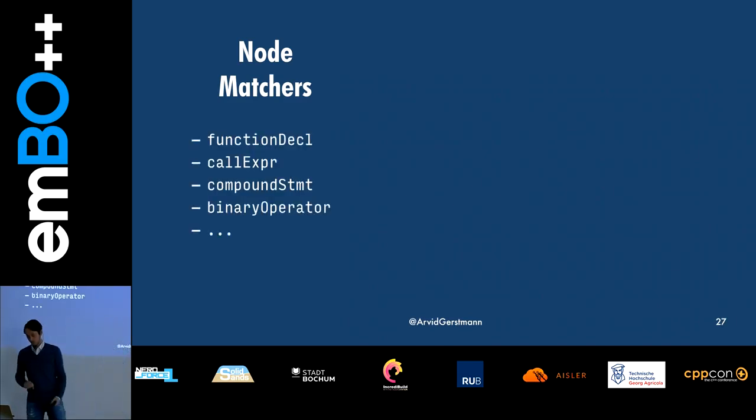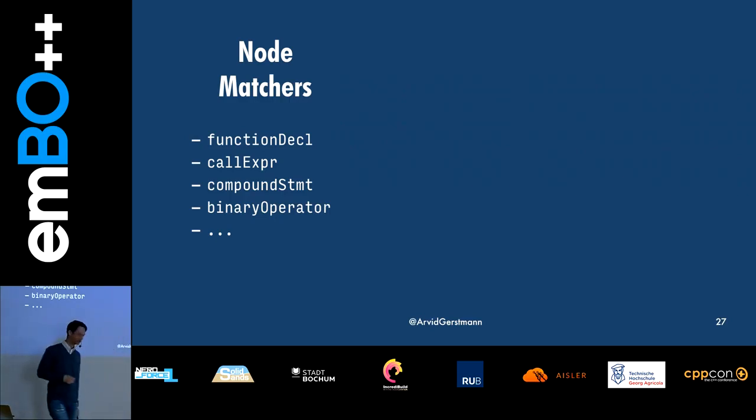Examples for node matchers are functionDecl, which is matching any function declaration. So for example, we have our own function declaration of createButton, which we then need to further narrow down with a narrowing matcher, which is the next category, called hasName. And there's callExpr, which is matching, as the name says, any call expression. This may be combined with, for example, the functionDecl to find a call to a specific function.